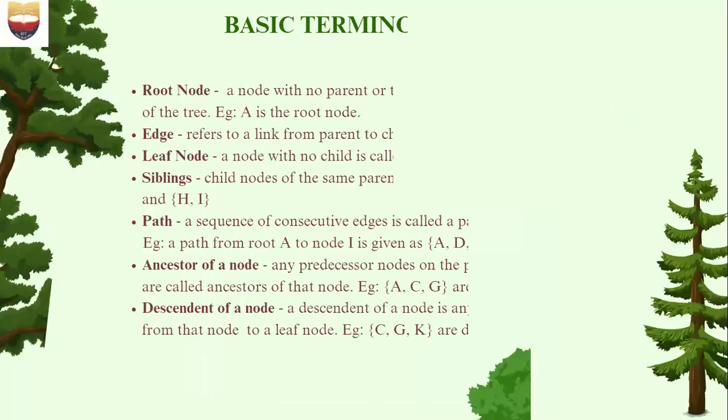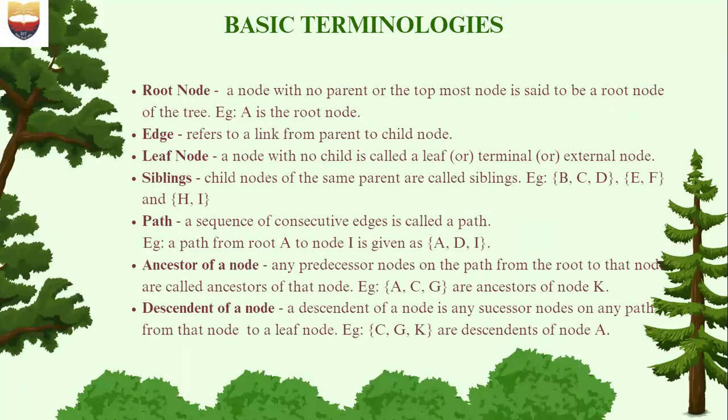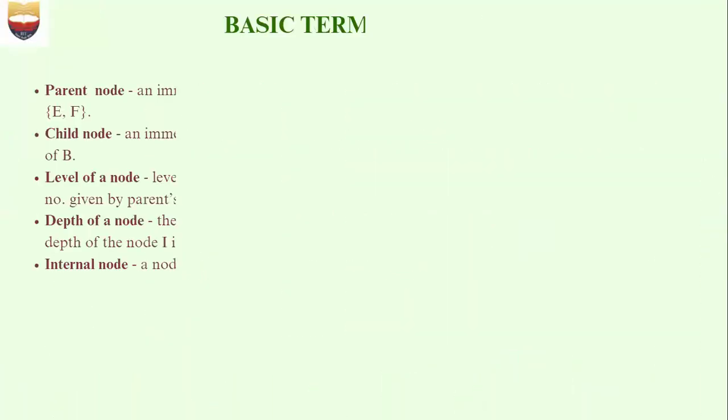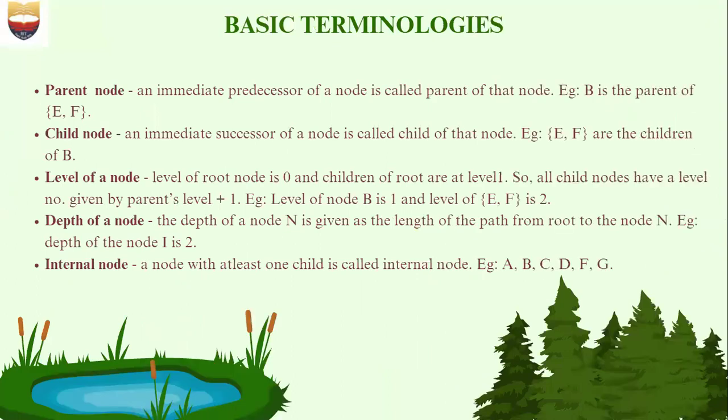Next, come to the next term. Internal node. A node with at least one child is called an internal node. We have already seen what is an external node, right? An external node is nothing but a leaf node, which doesn't have any children to it. Therefore, an internal node is a node with at least one child, right?